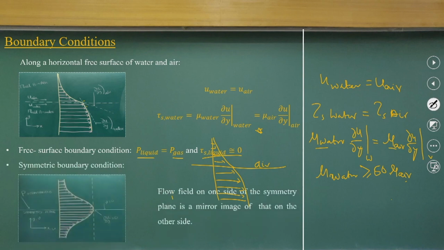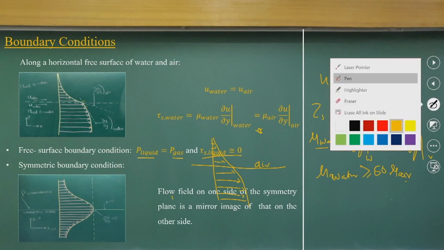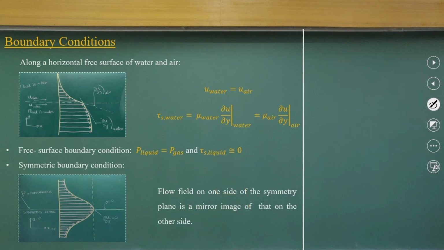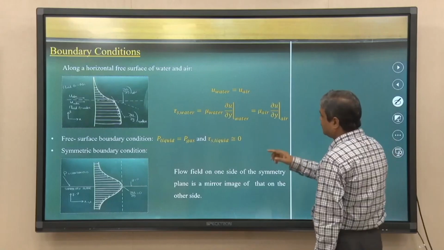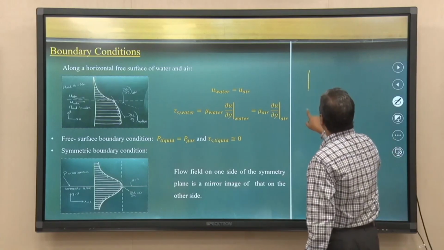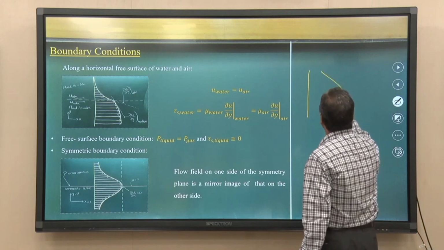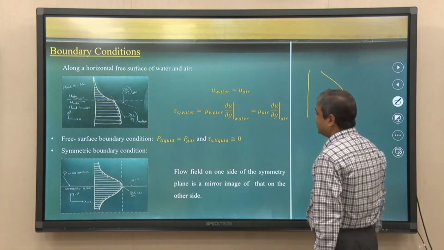In the same way, many times we use symmetric boundary conditions. Many types of flow have a velocity distribution like this.